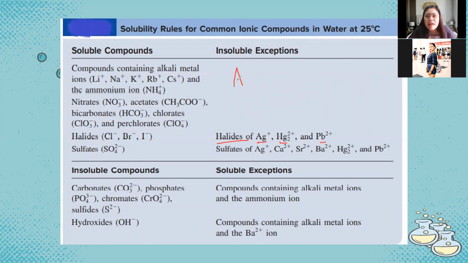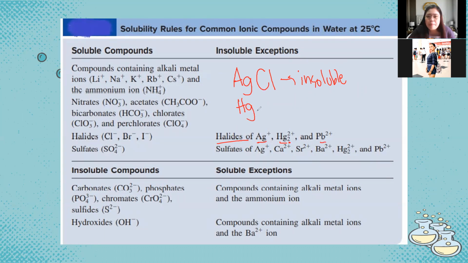Kapag ang cation ay silver, kahit pa ang kanyang partner ay halide like chloride, so we call it silver chloride, class, hindi ito soluble sa tubig. So yan yung exception. Or kung ang kapartner niya ay mercurous or yung positive 1 na mercury, magiging positive 1 yan siya kasi meron siyang subscript na 2.